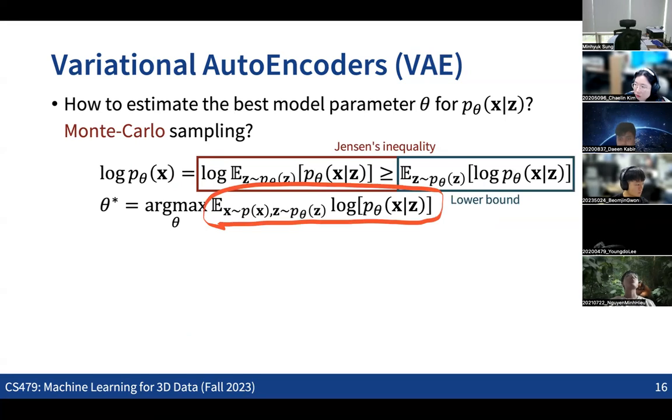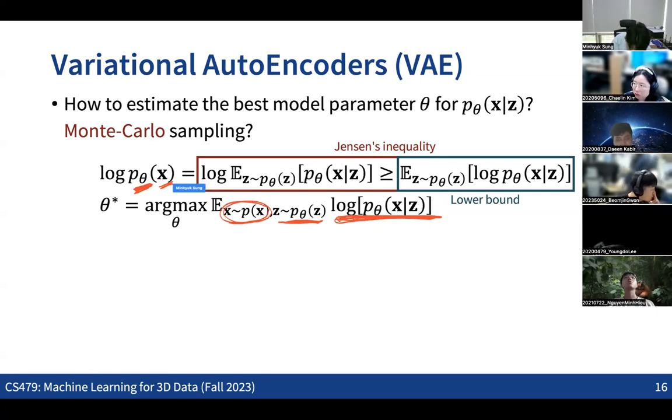So if we find the best model parameters for this transition, then for all the data samples that we have here, we also have lots of samples drawn from the unit Gaussian, and we take the sum of this log probability. That is the way we compute the sum of all the probabilities for the given samples, and we want to find the parameters that maximize this probability for all the data samples.